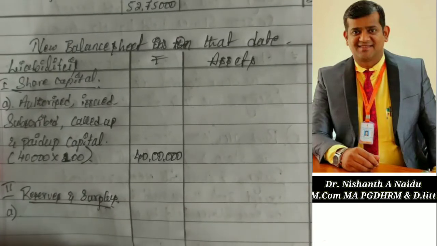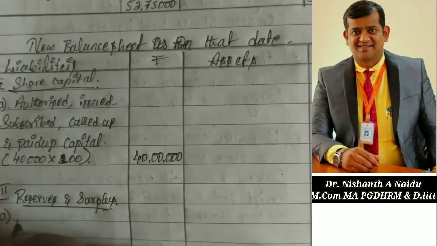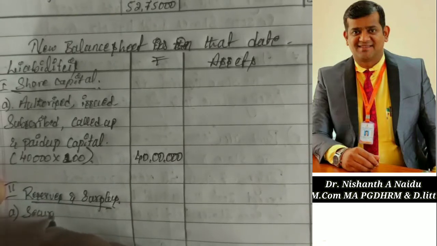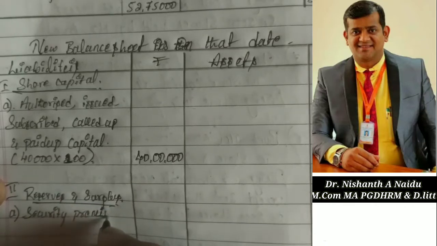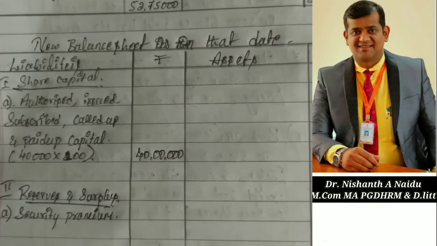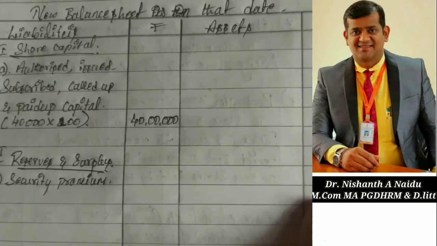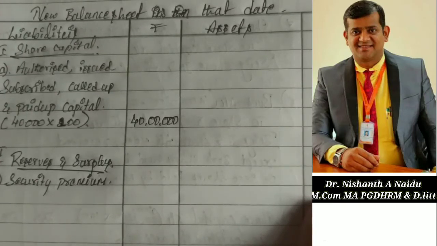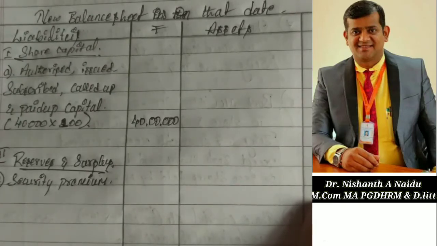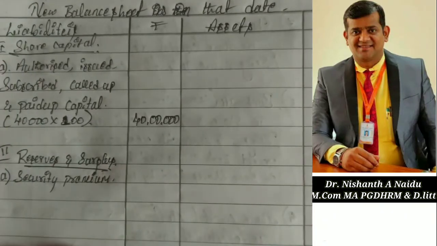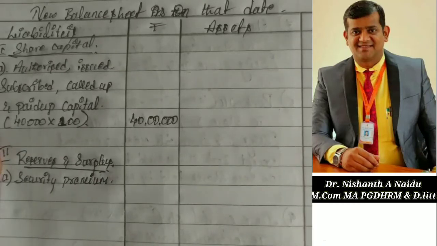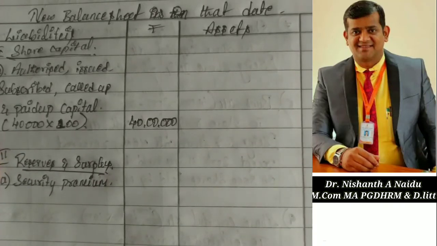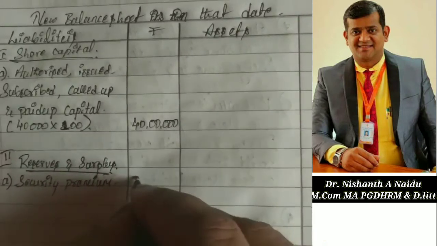Under that, point 1, that is securities premium. If you look at the third entry, securities premium, how much you will get, that is the allotment due entry. So securities premium you can calculate like this also. 40,000 shares into premium rate of 20 rupees, so that is 8 lakh.